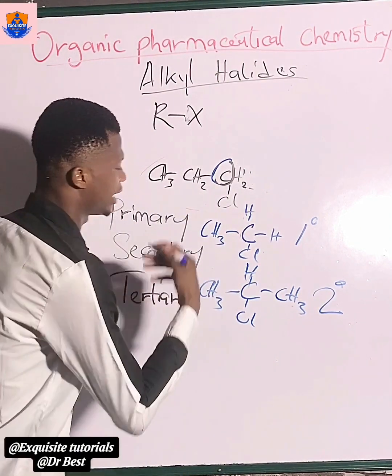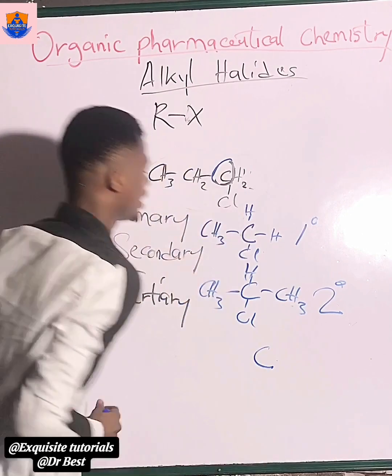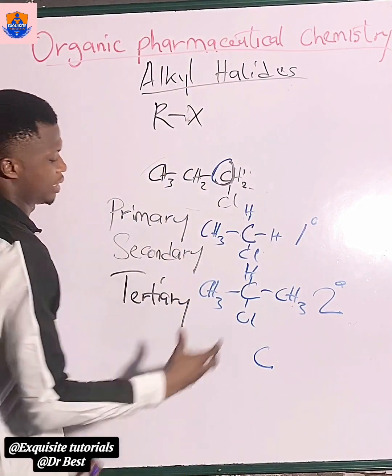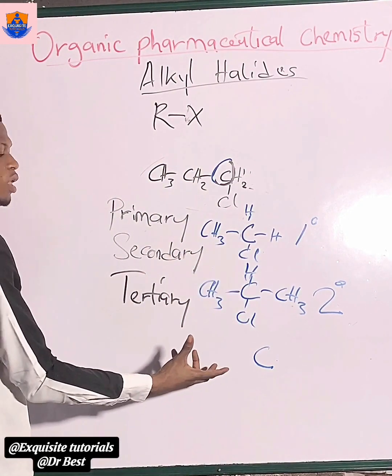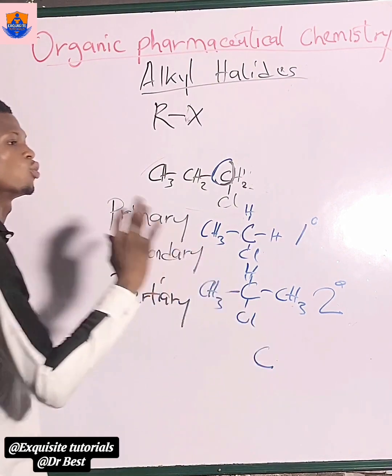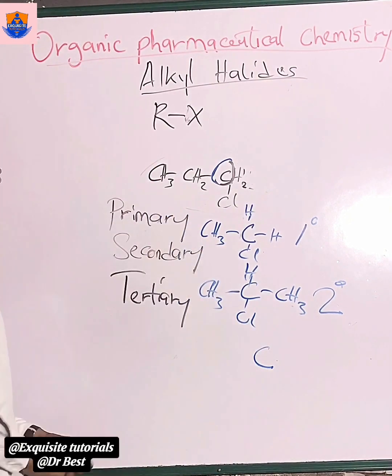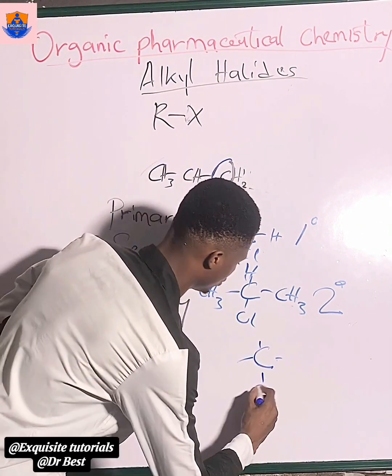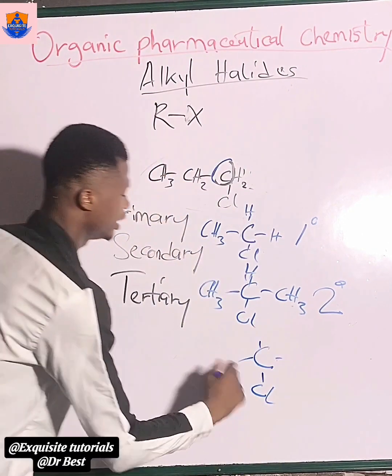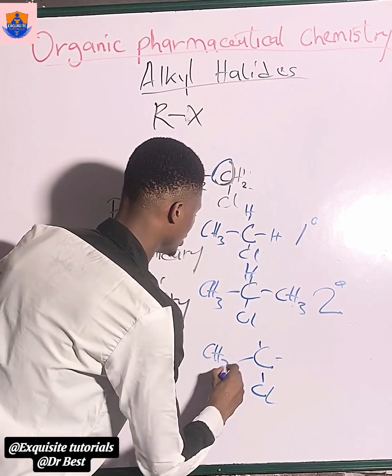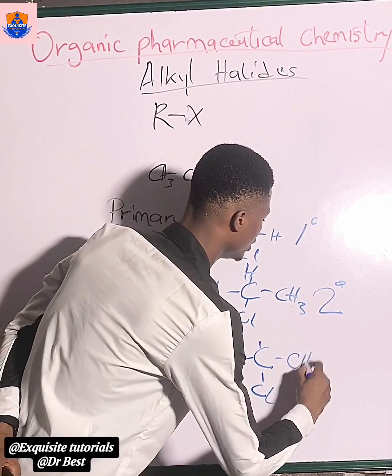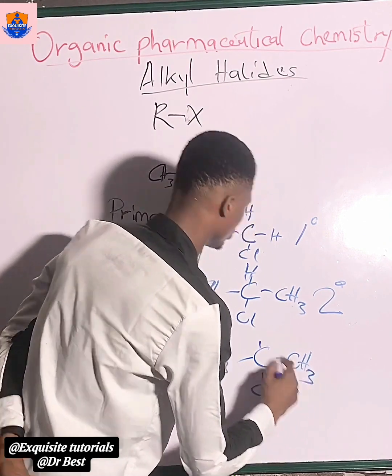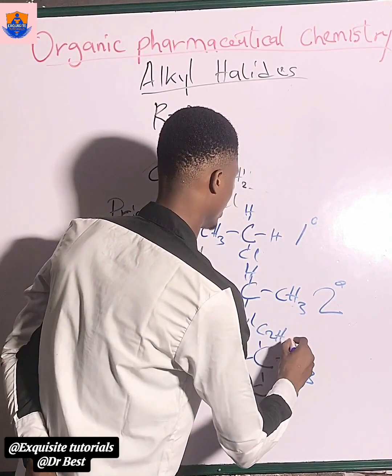Now, tertiary alkyl halide, same thing. Tertiary alkyl halide means that the particular carbon atom that the halogen is bonded to is bonded to three other different groups. So that means there is no hydrogen left. Remember, carbon forms 4 bonds, just like I told you. So you are having chlorine here. You can either have a CH3 group here, a CH3 group, or a C2H5 group here.